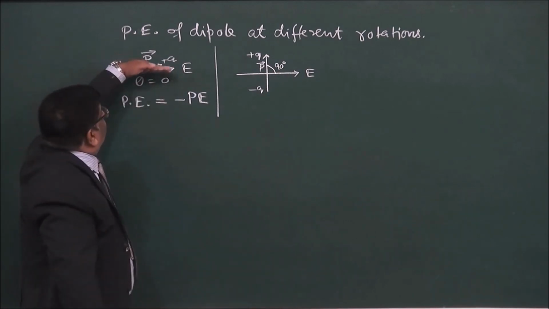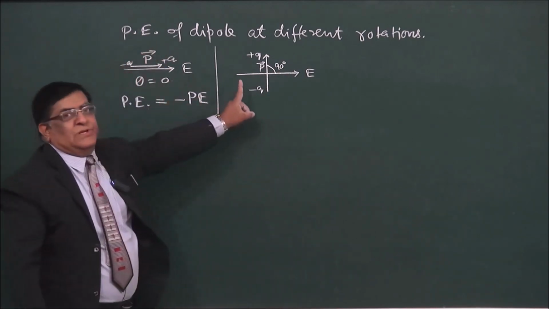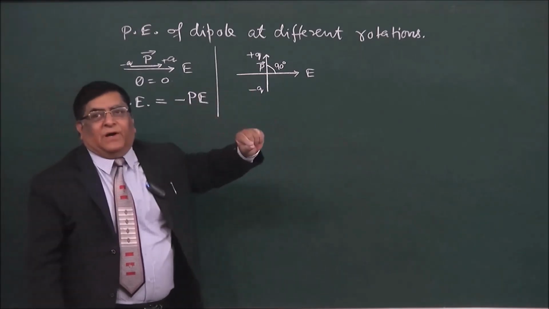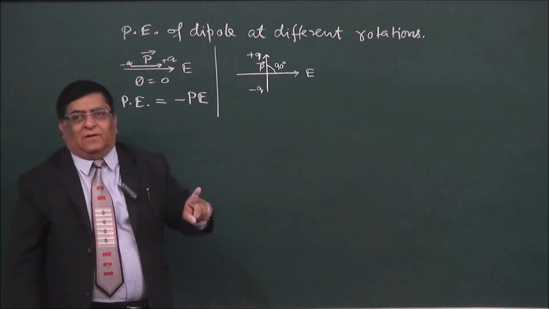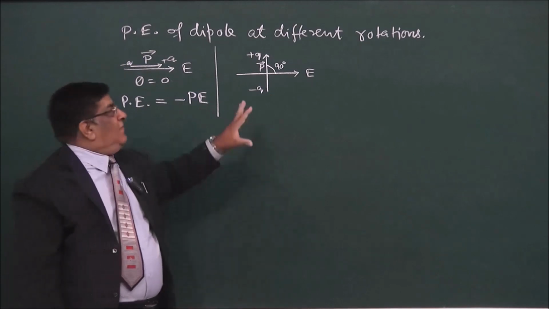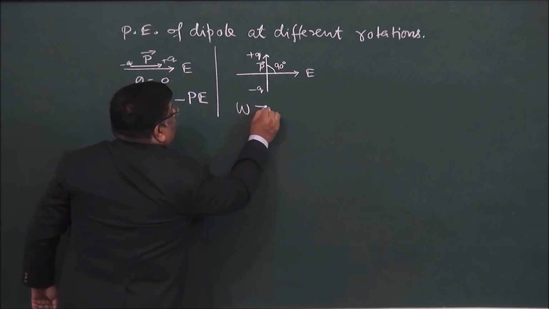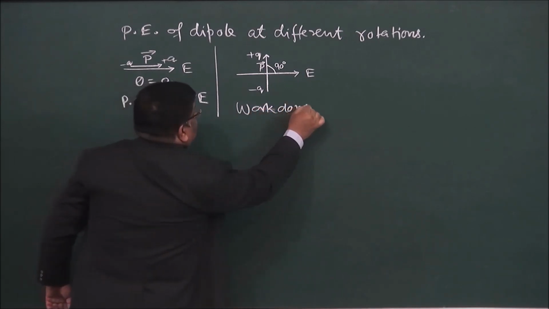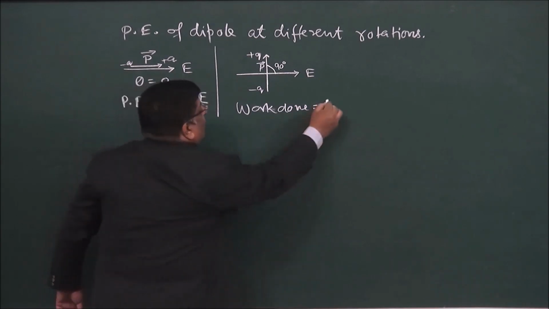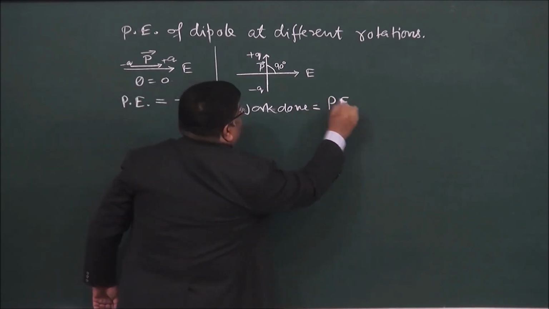When we have rotated from this to this, we have to do certain work. How much is the work? Please see Phy-XII-1. The work done is equal to, we have calculated, PE.